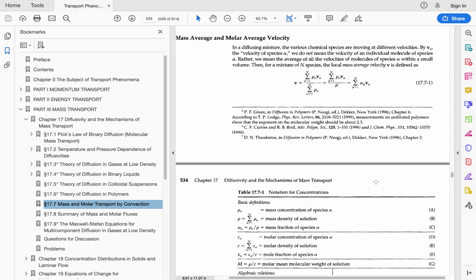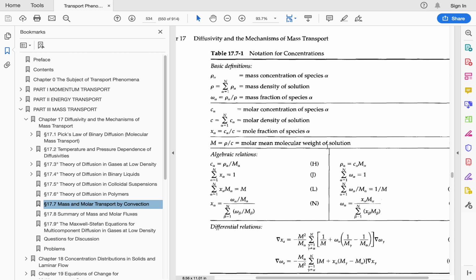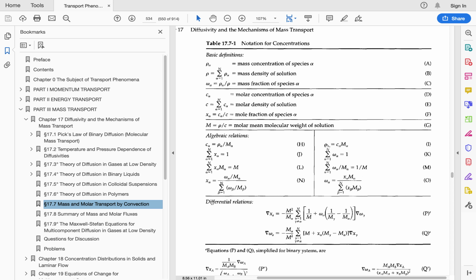And we can see in table 17.1 the notation. Here there are basic definitions in terms of mass: the mass concentration, the mass density of the mixture, and the mass fraction of species. In terms of molar, there is a molar concentration, a molar density, and also the mole fraction.